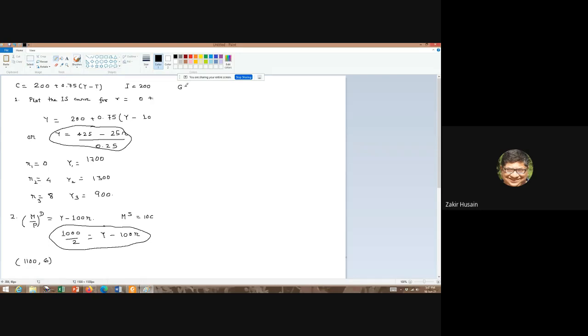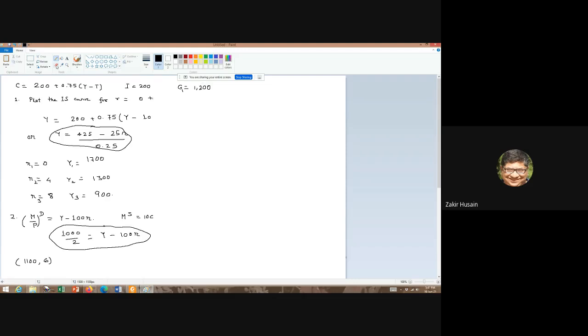Okay, then suppose G increases from 100 to 150.